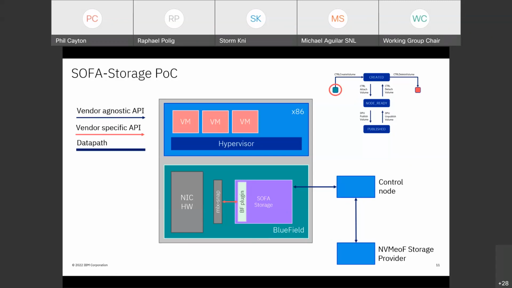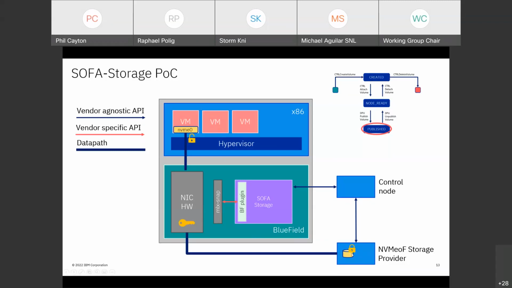So once our control node receives the create volume command, it will create a volume of a specific size on the storage provider. And then it will call the DPU publish volume function on the BlueField with the according parameters and also with the according secrets to implement the data at rest encryption and data in flight encryption.